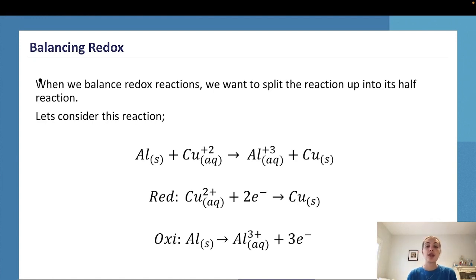If they're in the same reaction, there's not an equal transference of electrons. So we need to make sure that the number of electrons lost by the oxidation is the same as the number of electrons gained by the reduction, remembering that redox reactions involve the transfer of electrons.